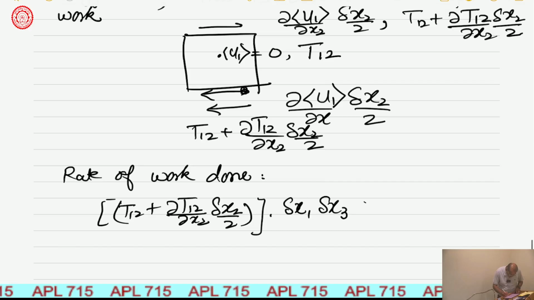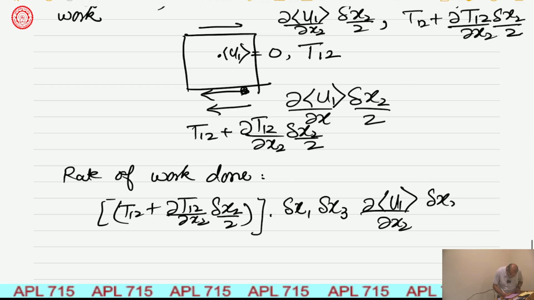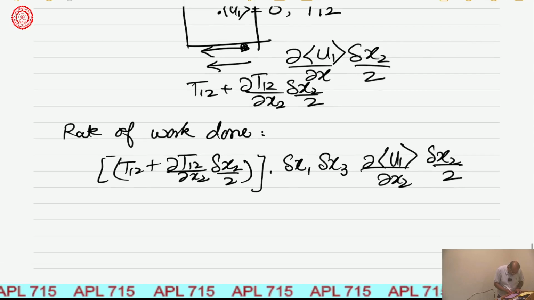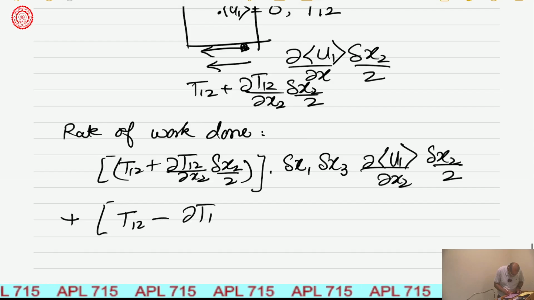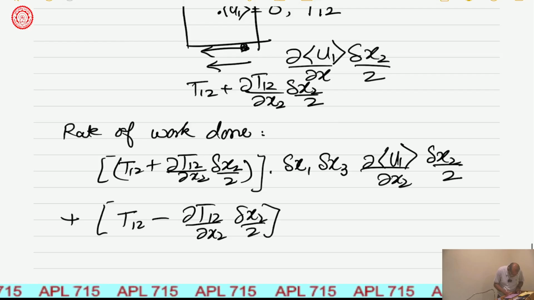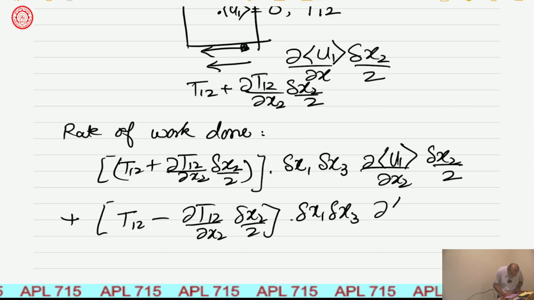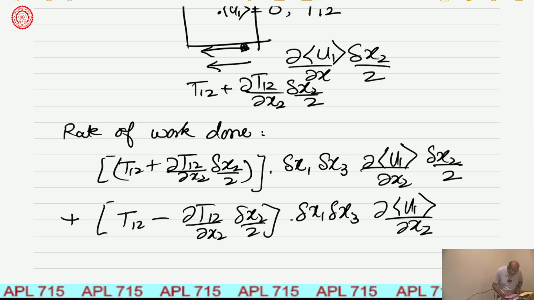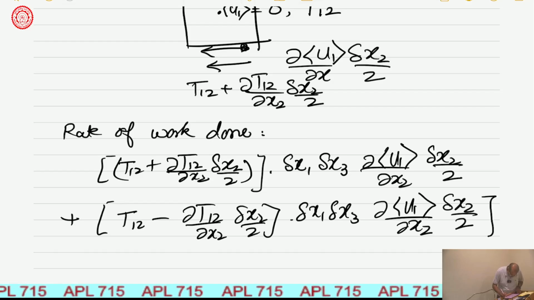Velocity is equal to partial u1 by partial x2 delta x2 by 2. And from here to this we add T12 minus partial T12 by partial x2 delta x2 by 2 times the force, which is area, times du1 by dx2 times delta x2 by 2.